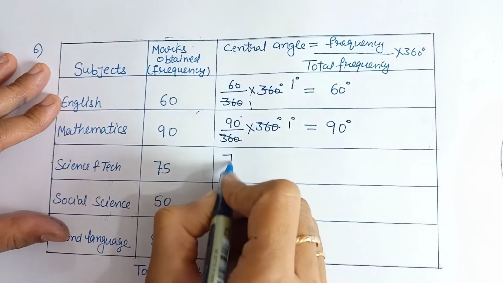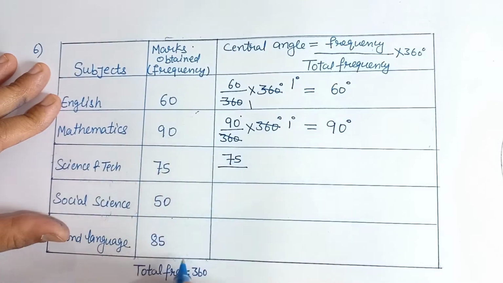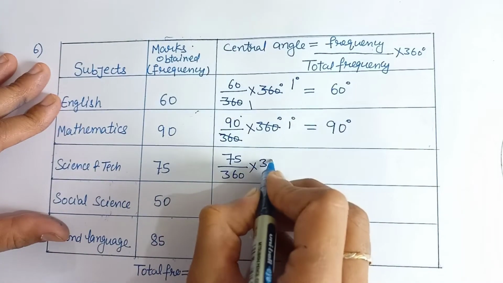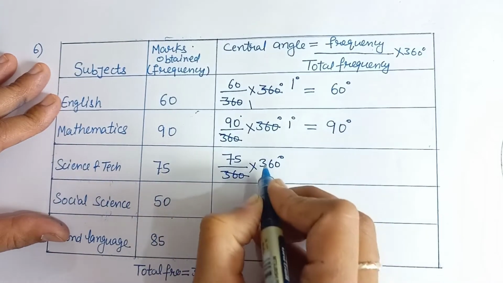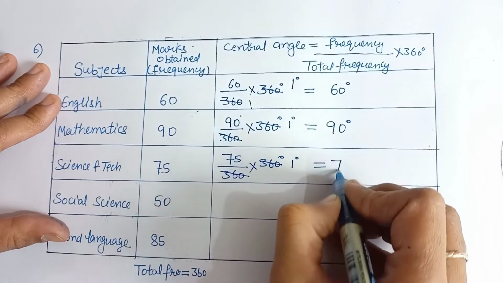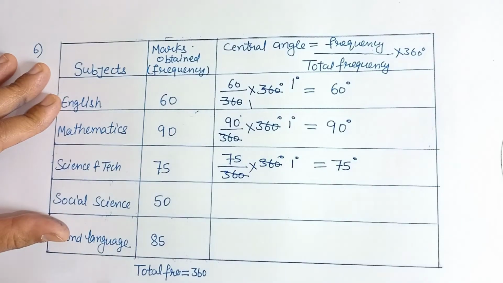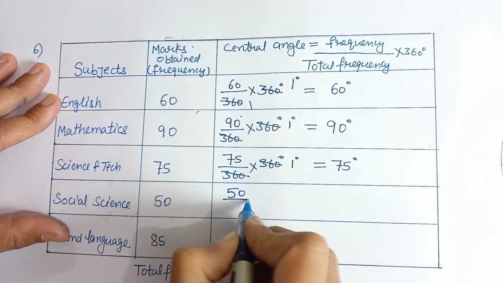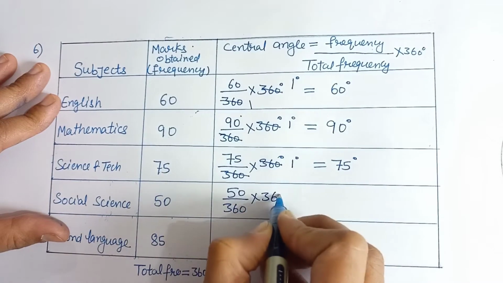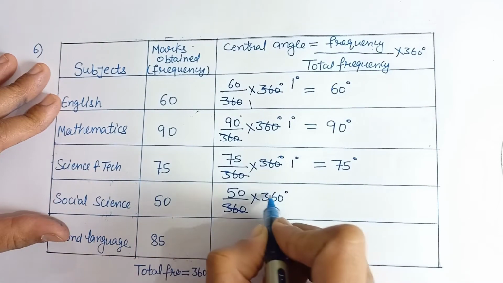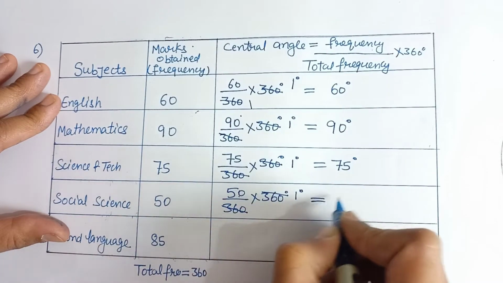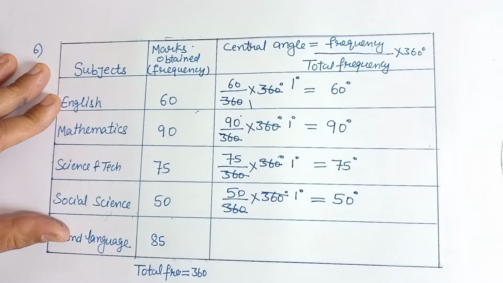Next is 75 upon my total value, that is 360, multiplied by 360 degree. 360 by 360 is 1, and 75 into 1 is 75 degree. Next is 50 over 360 multiplied by 360 degree. 360 by 360 is 1, so 50 into 1 degree is 50 degree.